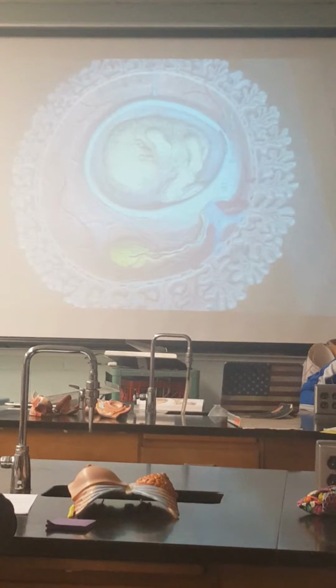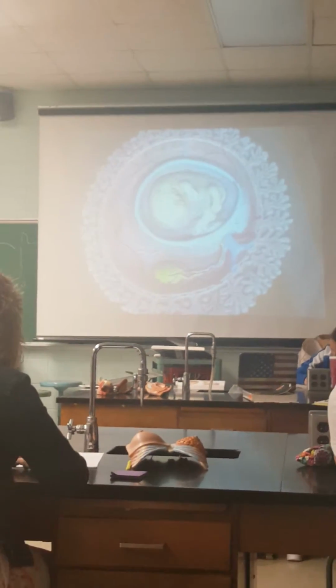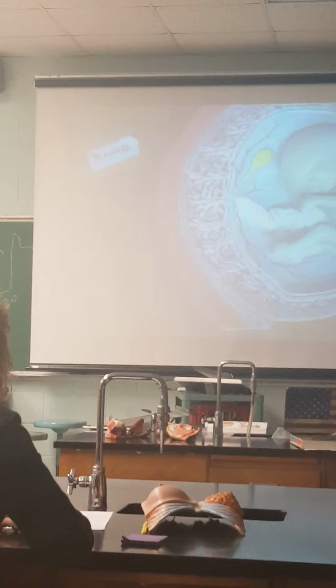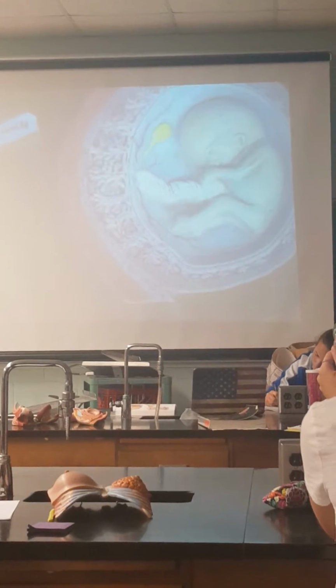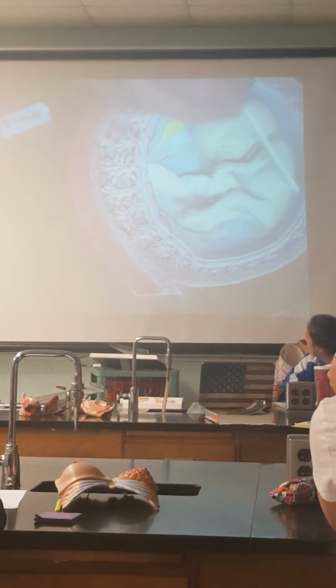Now, what's happening is amnion is getting larger and larger, and it's going to crowd out chorionic space. So in this one, at this point, you don't see any chorionic space. It's been pushed off to the side. Amniotic space and amnion are taking up the majority of the space.